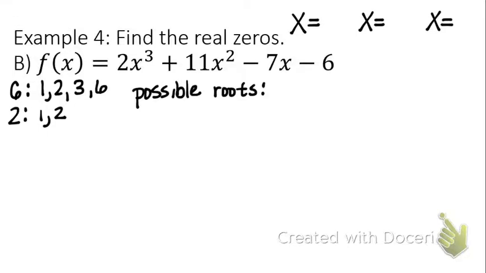not the actual, but the possible roots would be, take these 4 numbers and divide them by 1. And then you take these 4 numbers and divide them by 2. And don't write duplicates. So go ahead and do that.